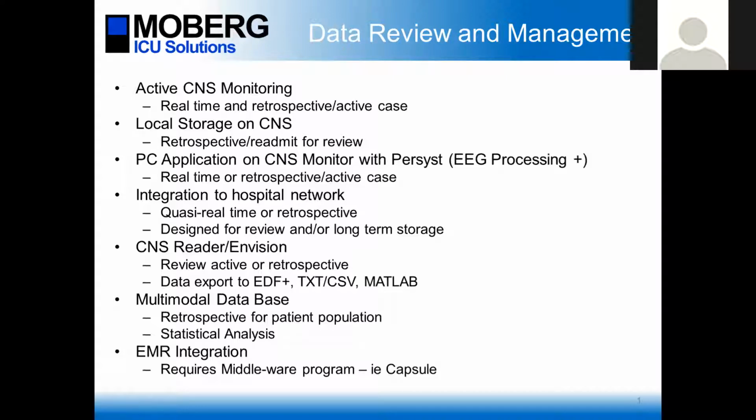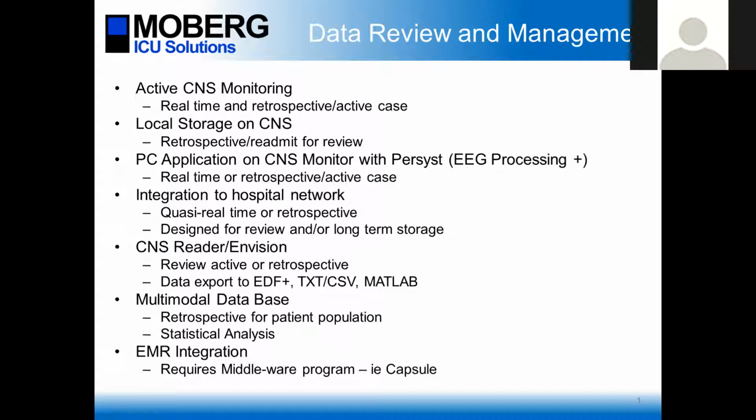Some hospitals are adding a small PC to the back of their CNS monitor. We call that the PC application, or a little backpack PC. On that little computer runs a program called Persist. Persist is typically used for EEG processing, and it does serve that function on the CNS monitor.